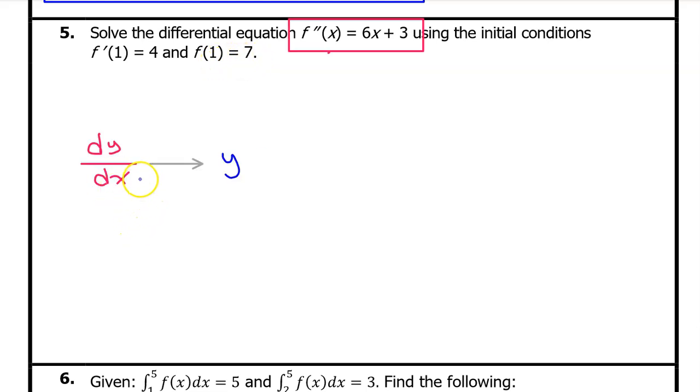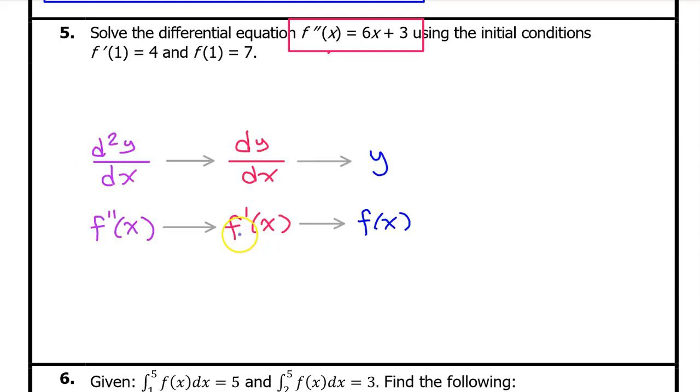The previous problem involved this notation, and solving the differential equation meant turning dy/dx into just y. When the derivative is expressed as f prime, solving the differential equation means going from f prime to just f. But sometimes the differential equation starts with the second derivative.